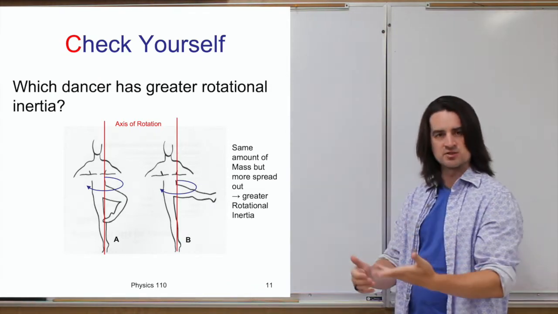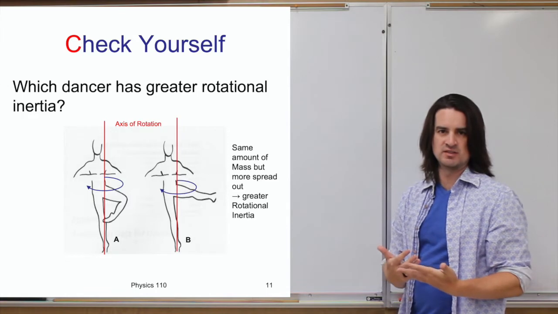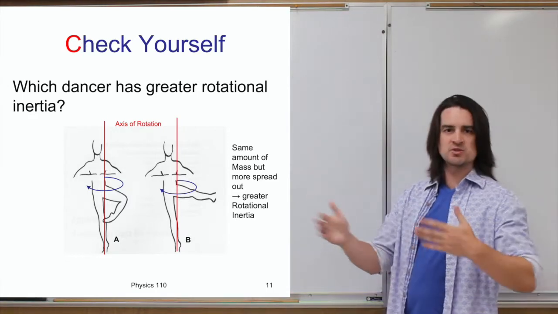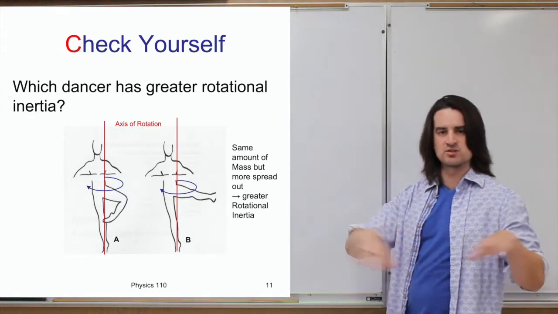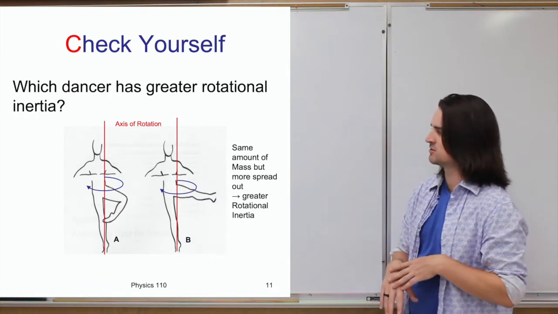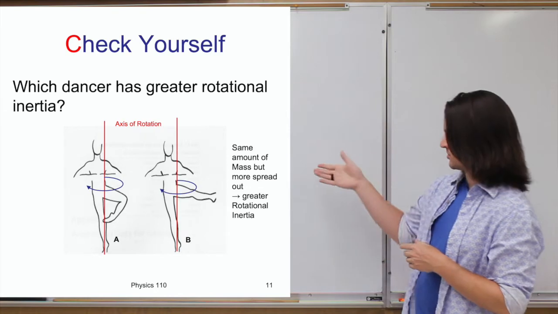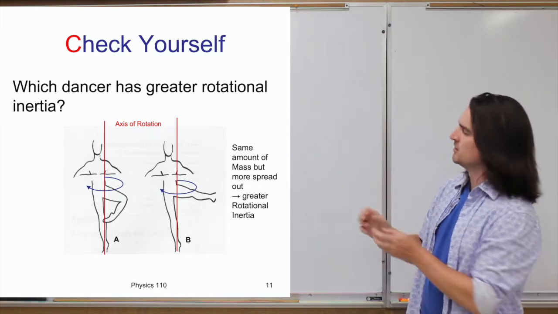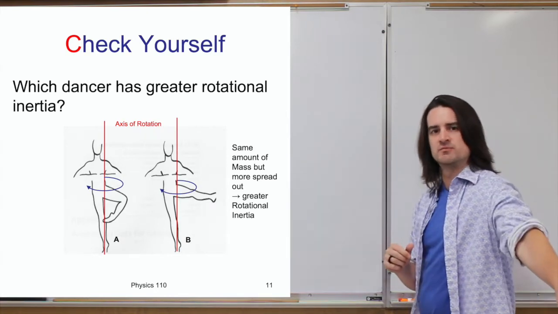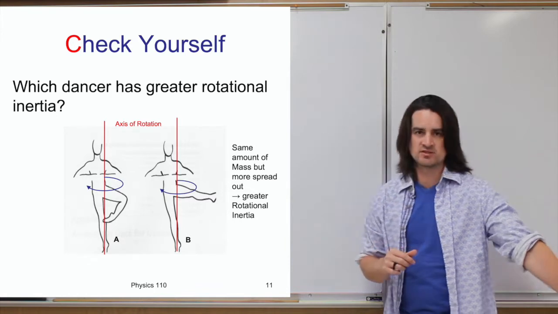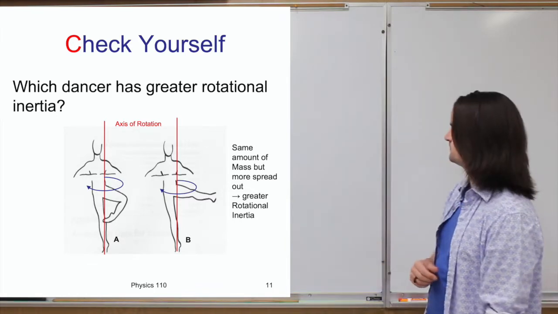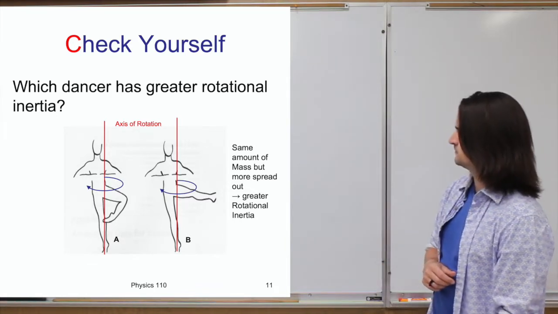Then it comes down to how that mass is distributed. Essentially the more asymmetric or the further away mass is distributed from the axis of rotation, the higher the rotational inertia of that object is, right? So in case B, with the leg stuck out, you have more of that mass being distributed further away from the axis, or to the side here.